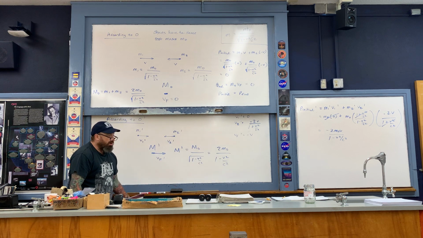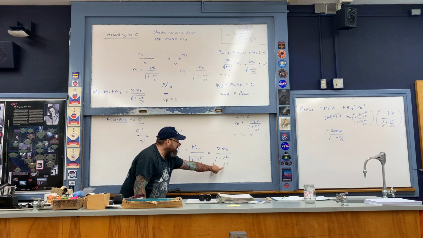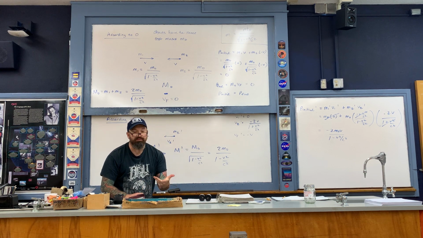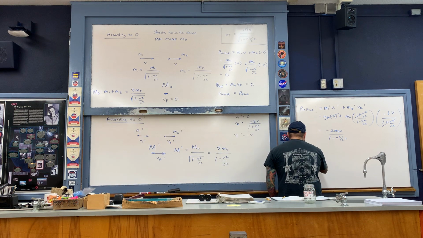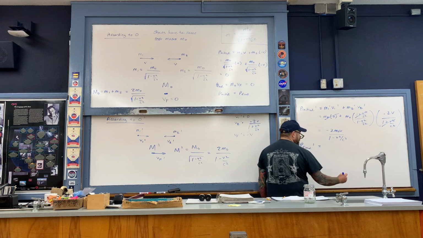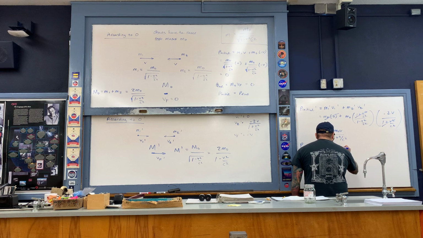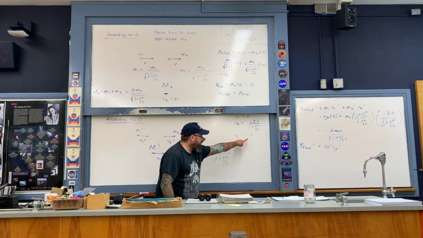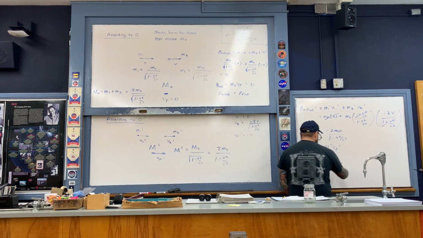So now we have this relativistic mass, capital M prime, and right here is the final velocity of the system after the collision, V final prime. Let's now calculate the final momentum of the system. The final momentum is going to be P final prime, which is capital M prime times V final prime. Capital M prime is this, V final prime is this. Plug it in and you obtain this.